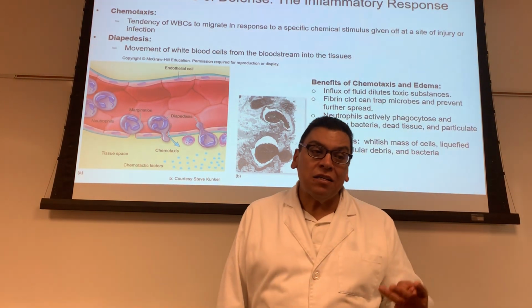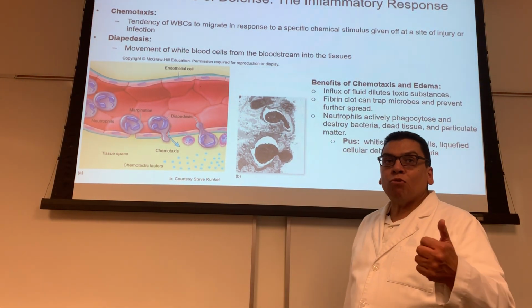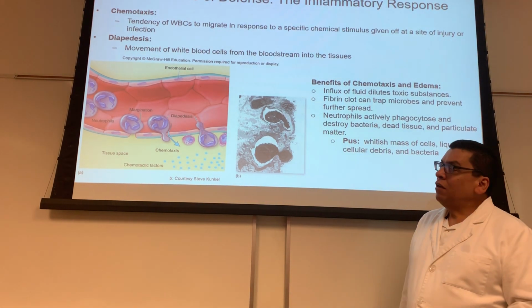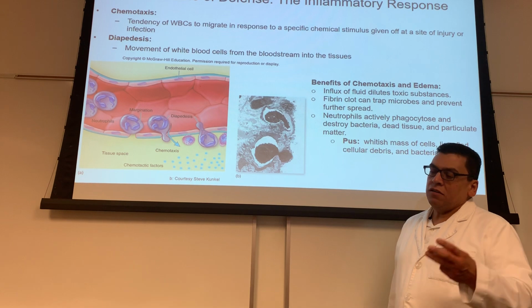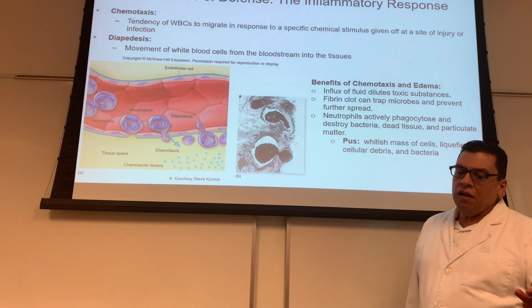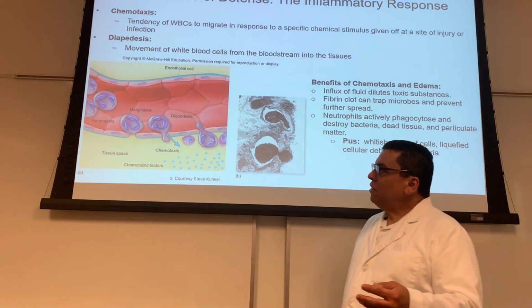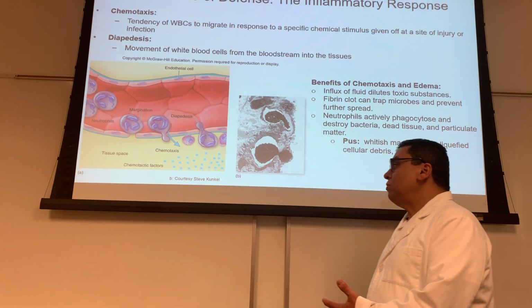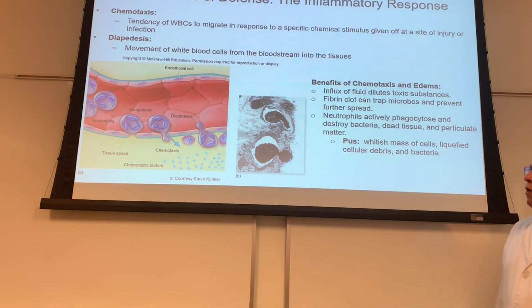One of them is not on the slide. The first thing is rolling. The next thing is margination. The third thing is diapedesis. So rolling, margination, and then diapedesis. Then it's in the tissue and it starts fighting, helping you.